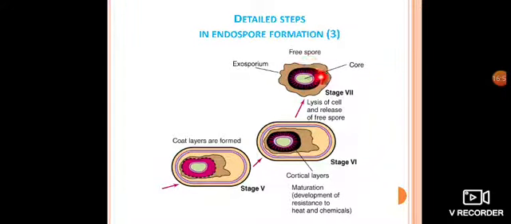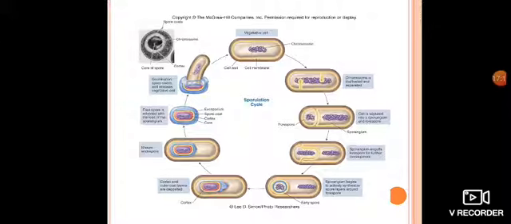Here in this diagram it is a free spore having a core as well as an exosporium. This free spore is dormant in nature and highly resistant, with different types of properties. Okay, so this is the simple diagram of the spore formation.